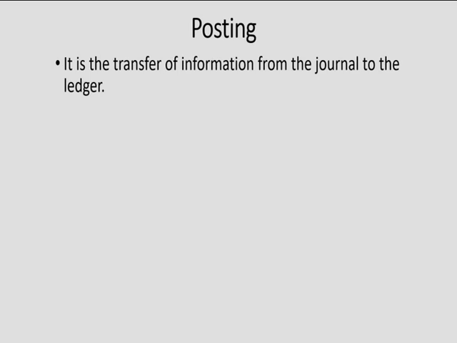Now again, posting. What is posting? It is the transfer of information from the journal to ledger. So you have posted information from the general journal to the ledger account. When you were preparing cash account and purchases account, bringing the information from the general journal, that is called posting.